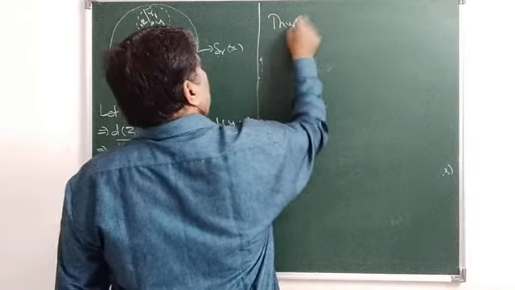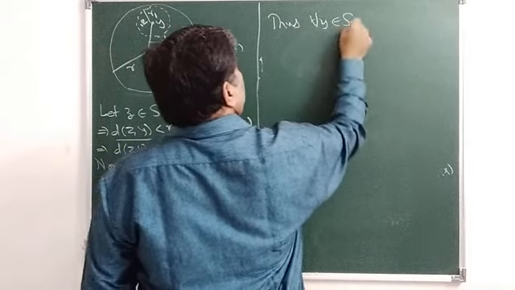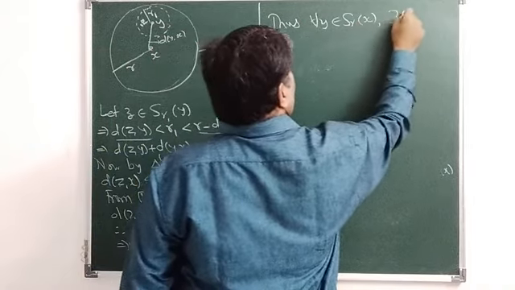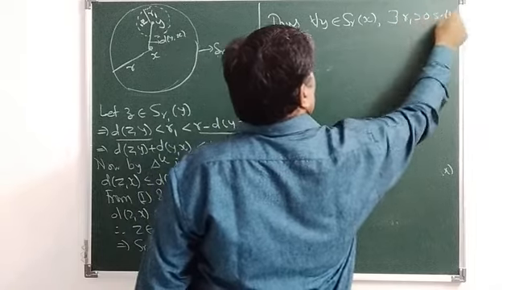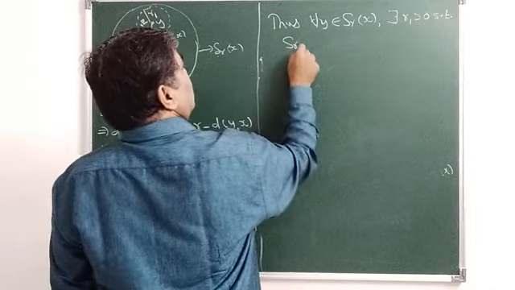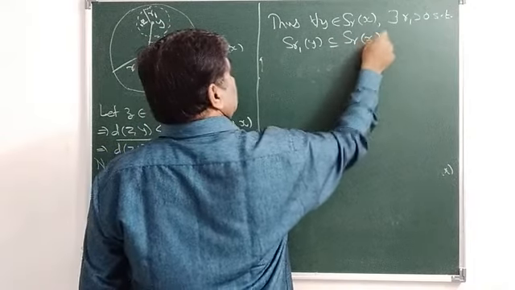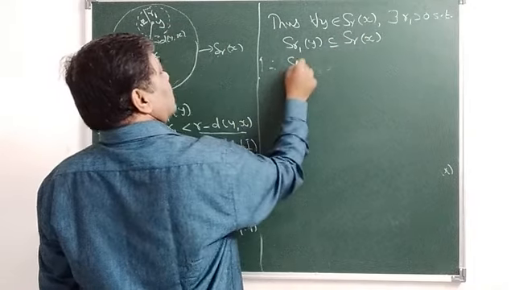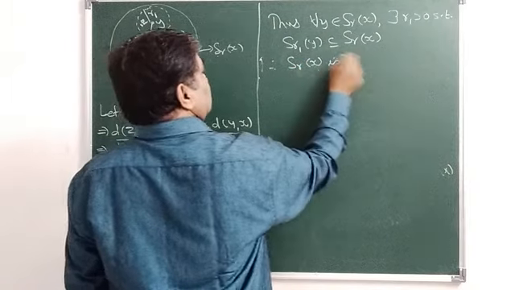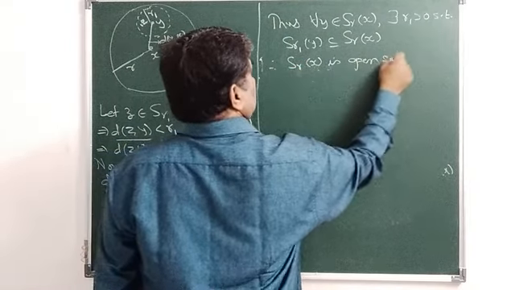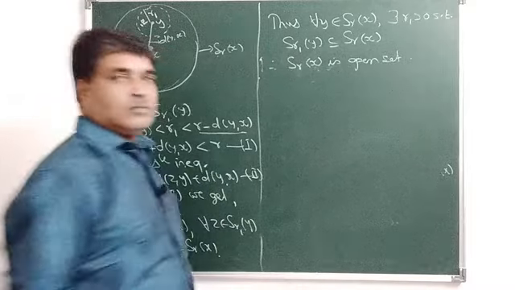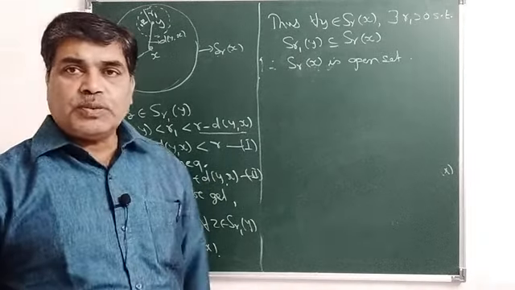Thus, for any y belongs to S_r(x), there exists r1 greater than 0 such that S_r1(y) is a subset of S_r(x), and therefore S_r(x) is an open set. Okay, S_r(x) is an open sphere.